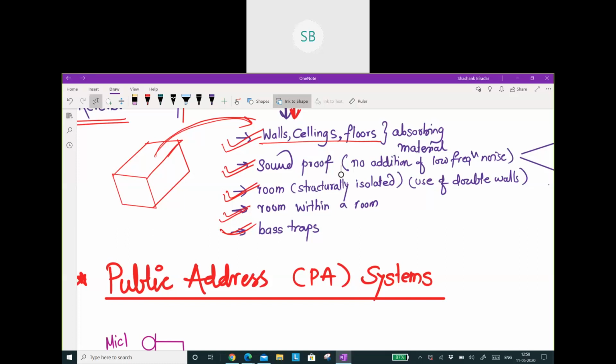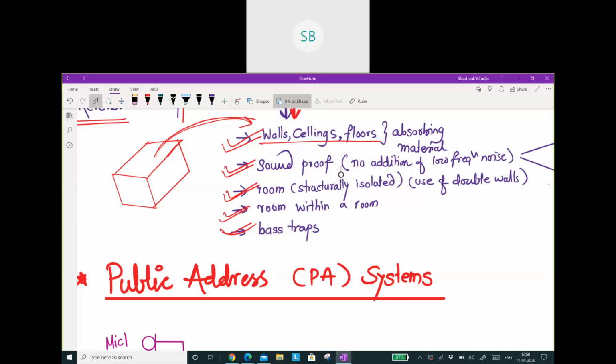If you are addressing a gathering, you need some system to amplify your sound. That system is called a public address system.